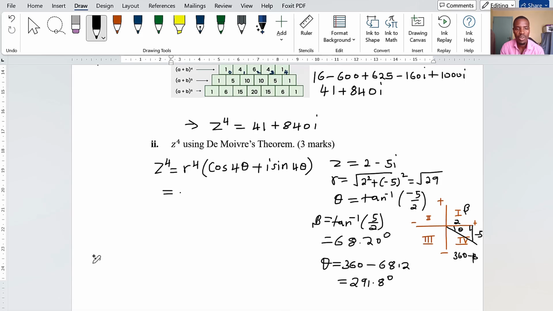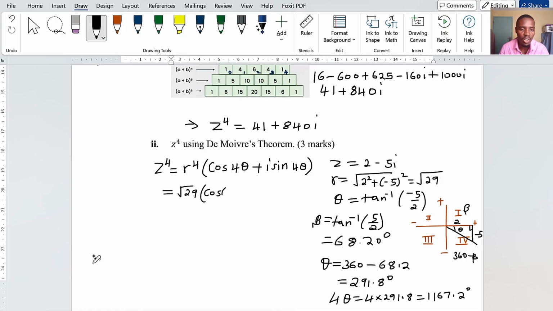So our R, we already know, is root 29, into cos 4 times theta. So let's get 4 theta, which will be 4 times 291.8, which is 1167.2 degrees.